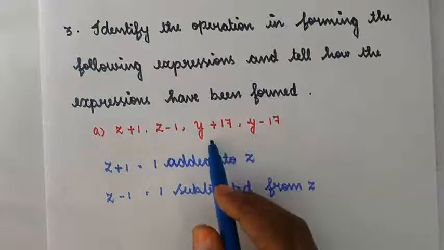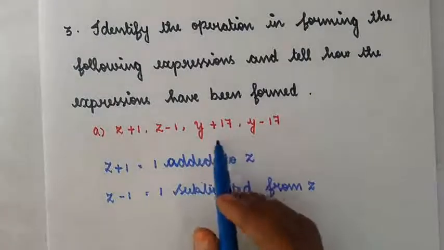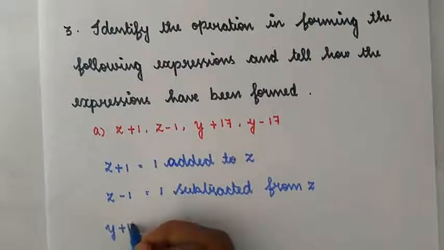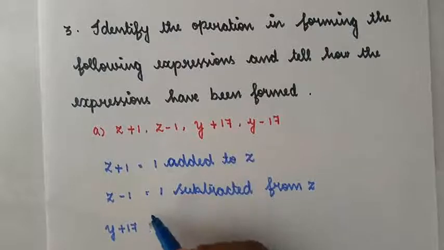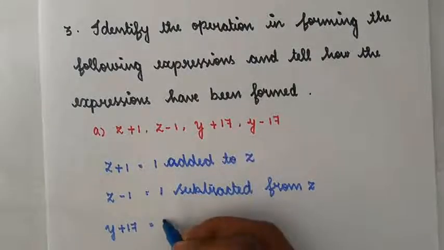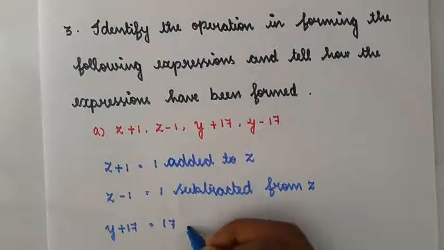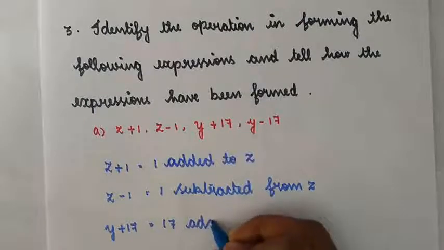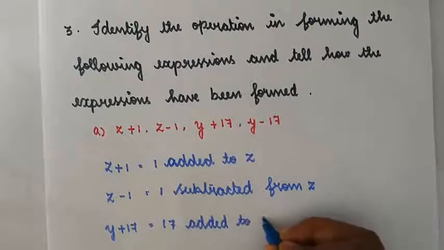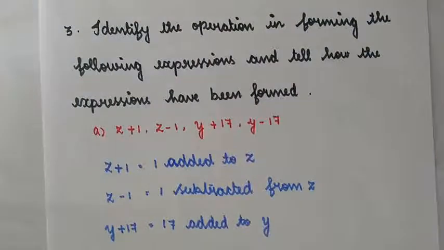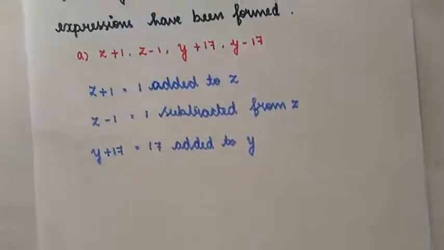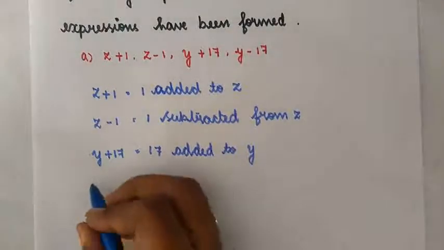Next we take the third term, that is y plus 17. Here 17 is added to y. This is the answer. Next let me take the fourth term, that is y minus 17.